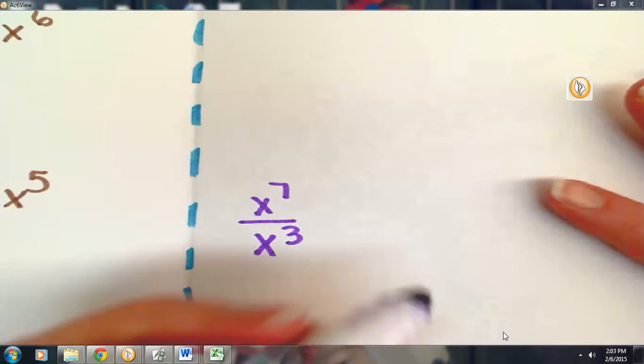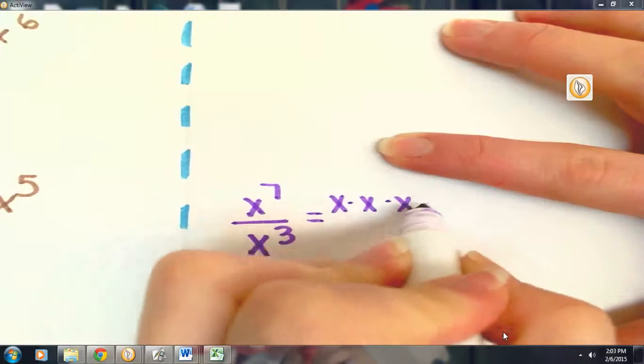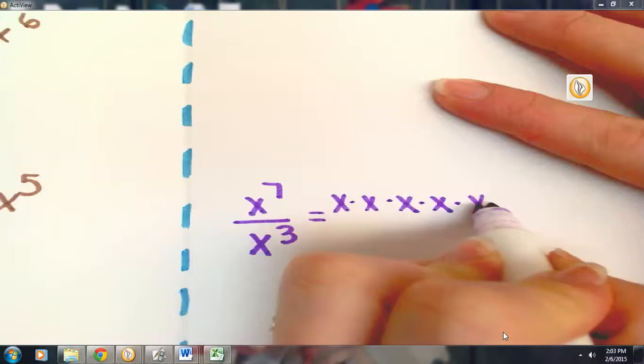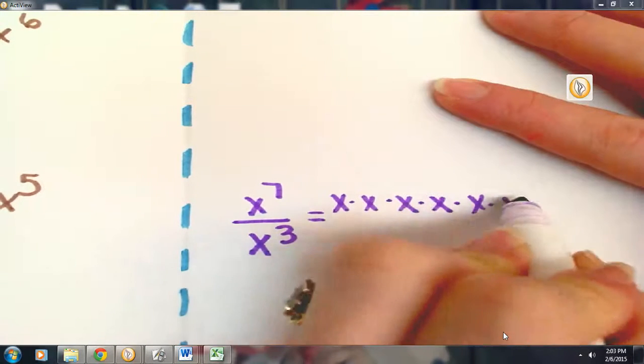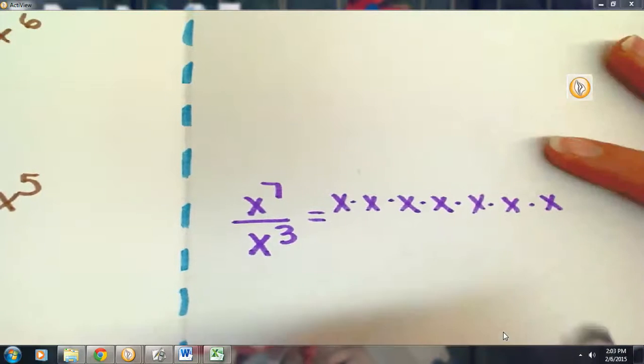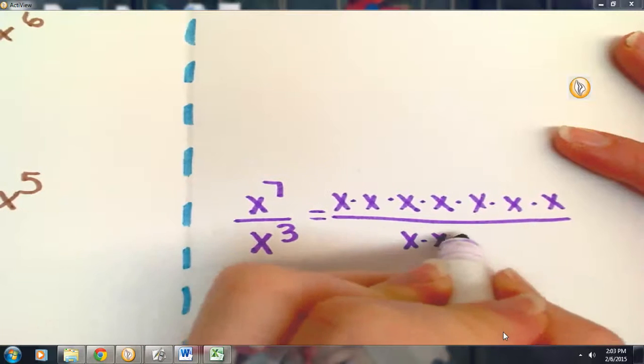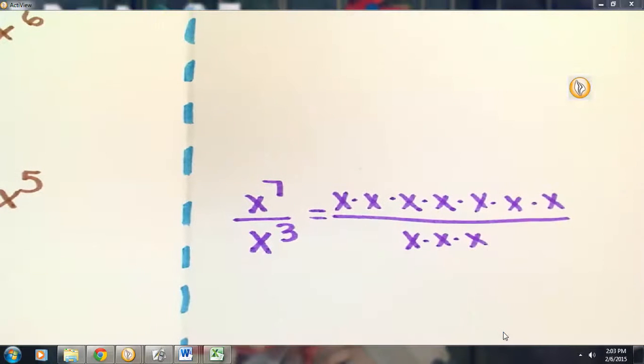X times itself 7 times. X to the 3rd means x times itself how many times? 3. X times itself 3 times.